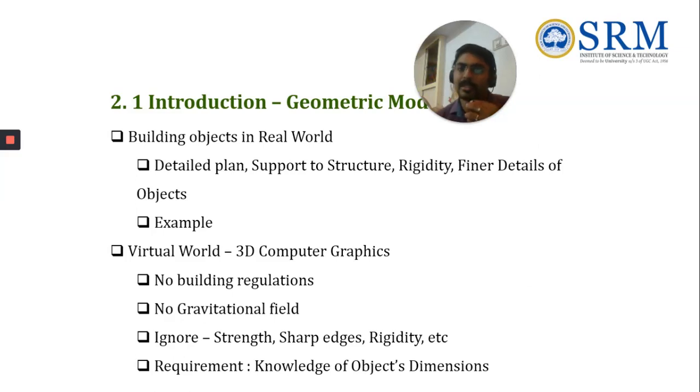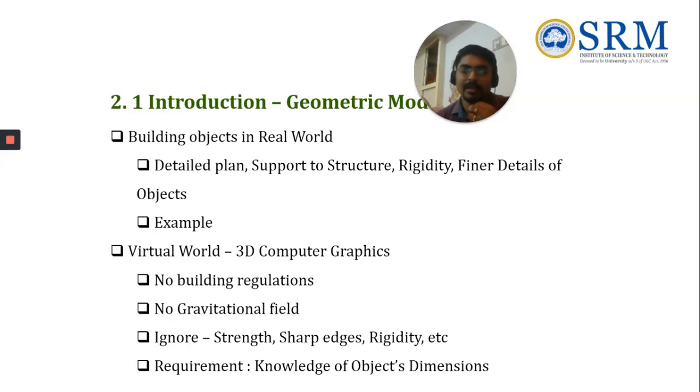posters, and these also come under geometric modeling. Posters of shapes, drawings of shapes, paintings, and everything come under geometric modeling. And virtual world 3D computer graphics: for 3D computer graphics, we can have it in the virtual world.